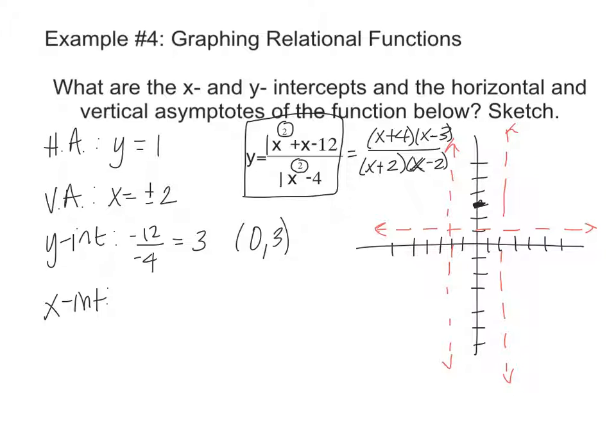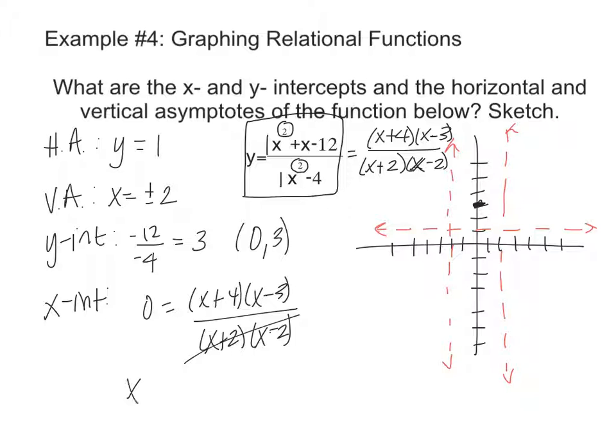If we make y 0, and now I'll use the factored form, it wouldn't matter which one I chose, I would multiply both sides by the denominator, which would still make it 0. So the denominator is gone. If I set the numerator factors equal to 0, then the x-intercepts would be -4 and +3.